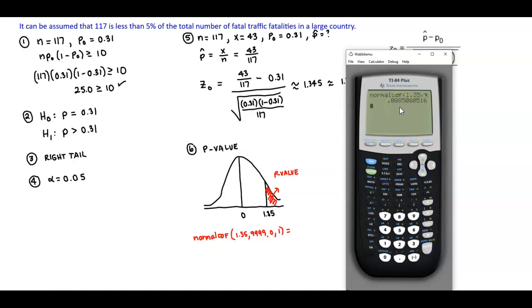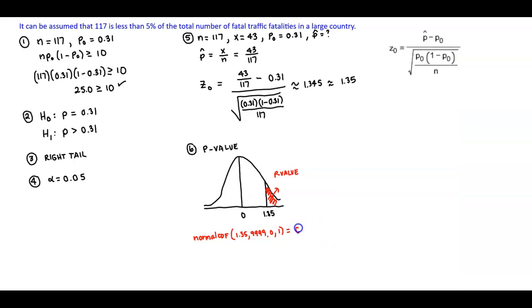And so we get the p-value to be 0.0885. Now in this question, they want you to round it, I believe, to 3 decimal places. So it's going to be 0.089.